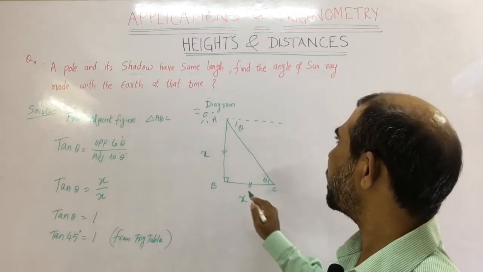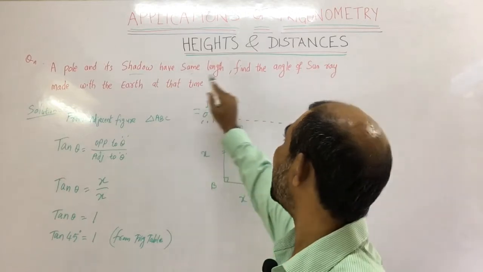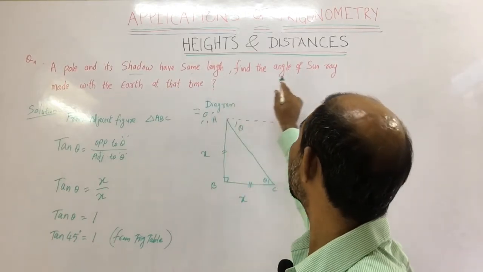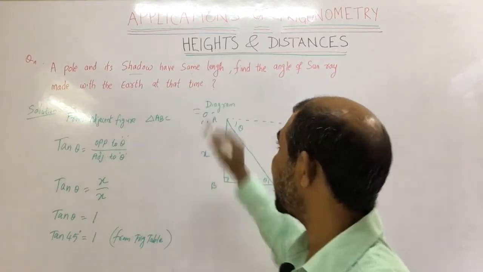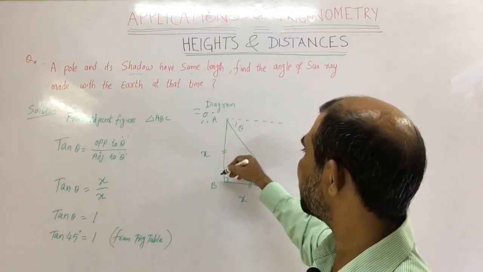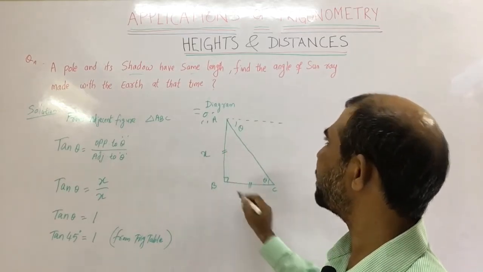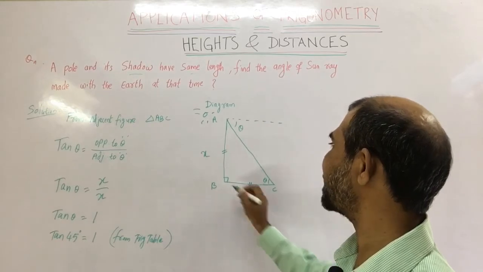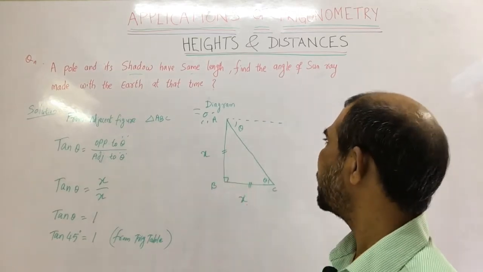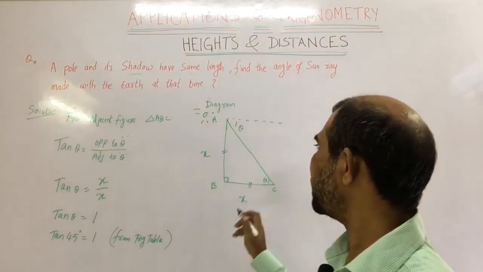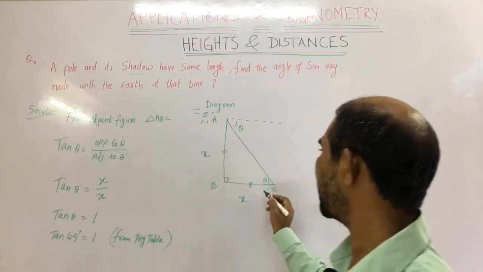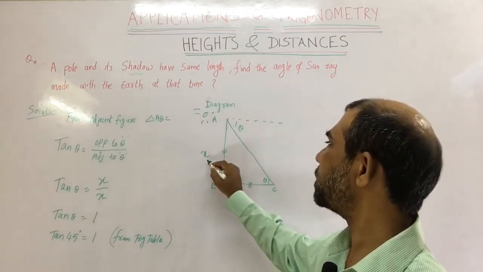Now the given information is the shadow, the angle and the length of the pole. This is the pole and this is the shadow, both having the same length, say x meters. From the given information we have the adjacent side and also the opposite side.